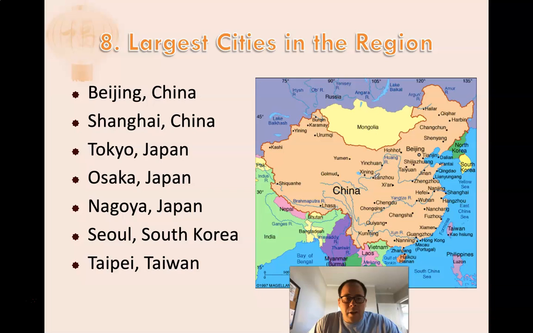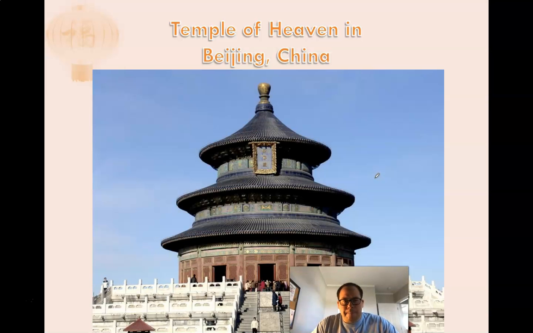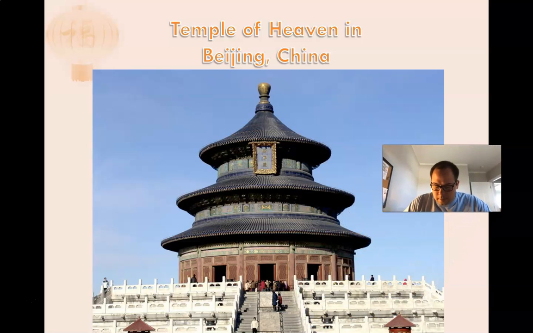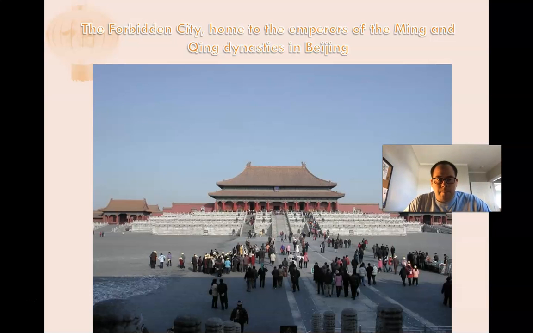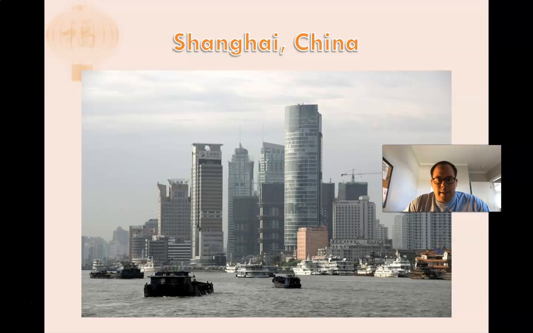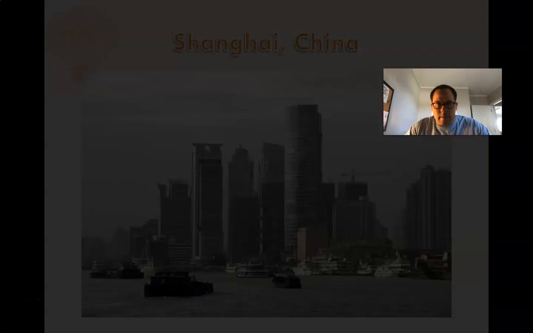The largest cities in the region are Beijing, Shanghai, Tokyo, Osaka, and several others. A lot of the largest cities in the world are in this region. So, some temples, some pictures. You can see the Forbidden City, Shanghai.